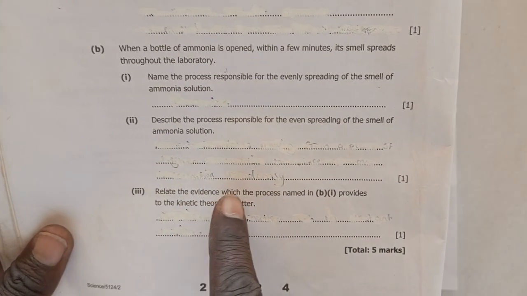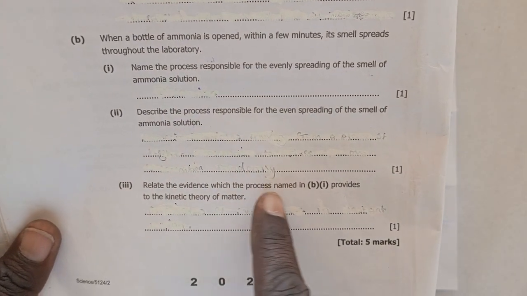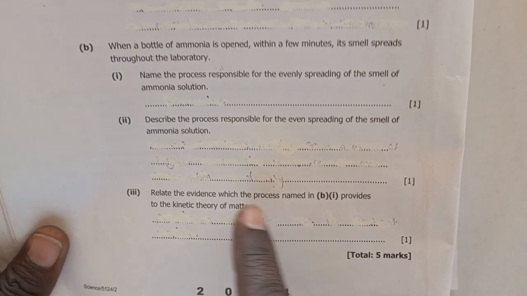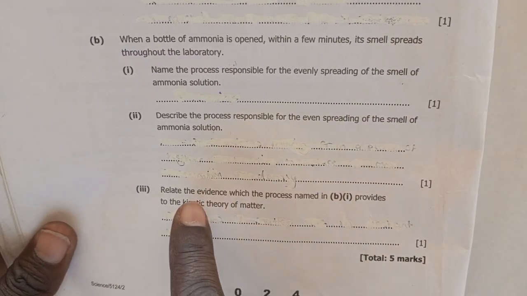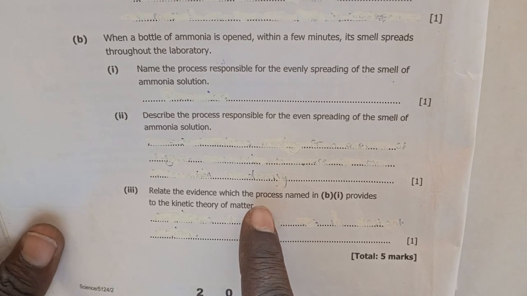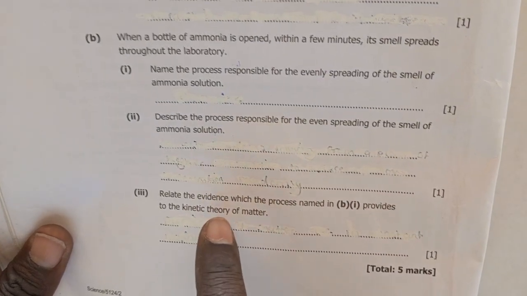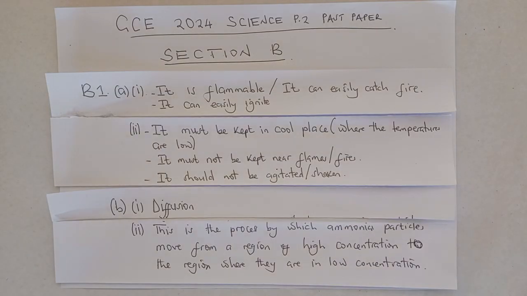We move on to the next question. The next question reads, relate the evidence which the process named in B1, in other words, diffusion, provides to the kinetic theory of matter. So now we need to understand that particles of matter are always in random motion.